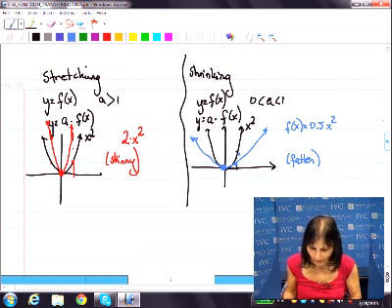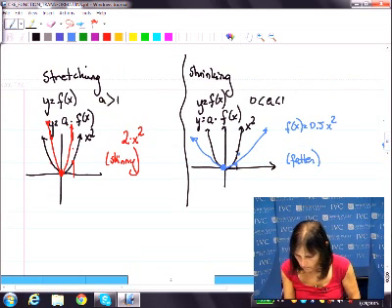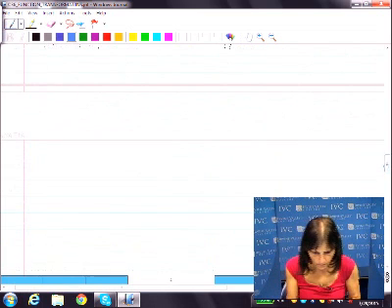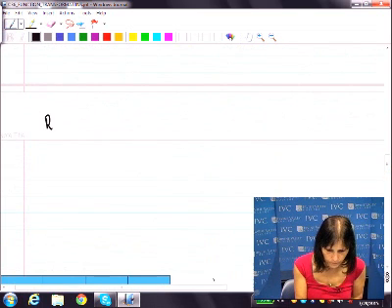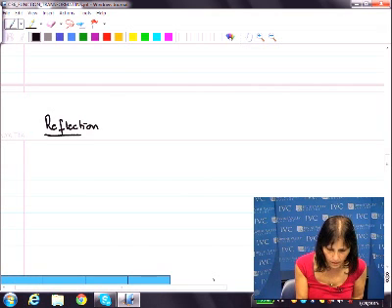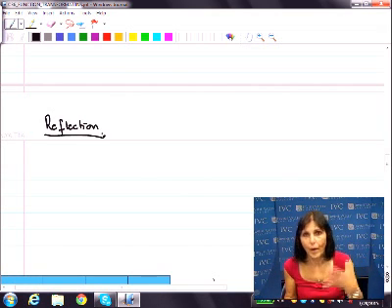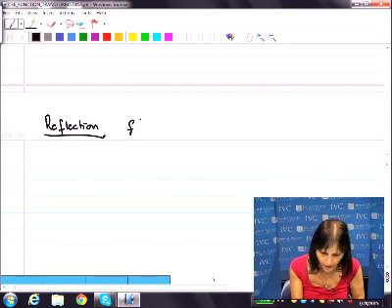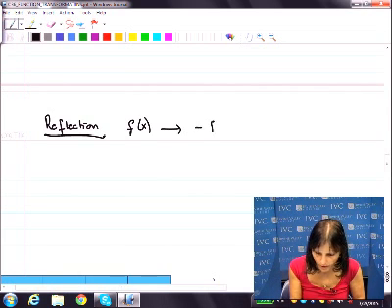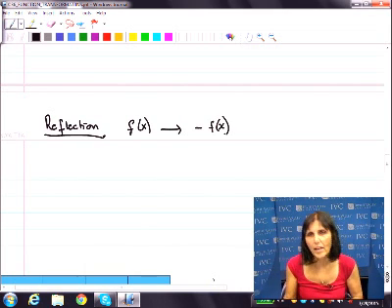We can do a reflection. How do you do that? All you have to do is just multiply by a negative. You have an f of x, and you multiply by a negative f of x. Multiplying by a negative is the same as multiplying by a negative 1.